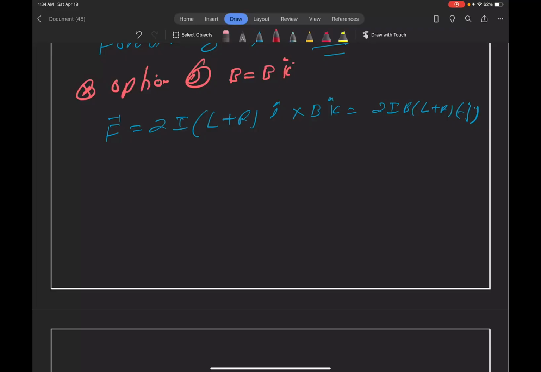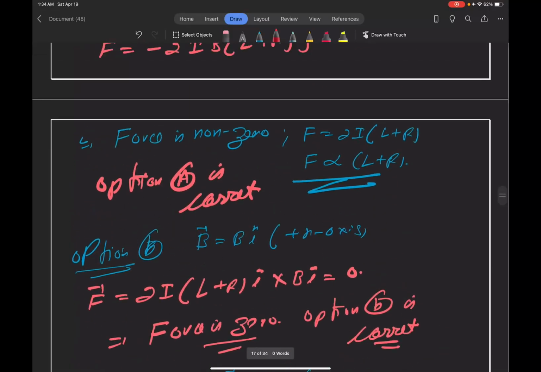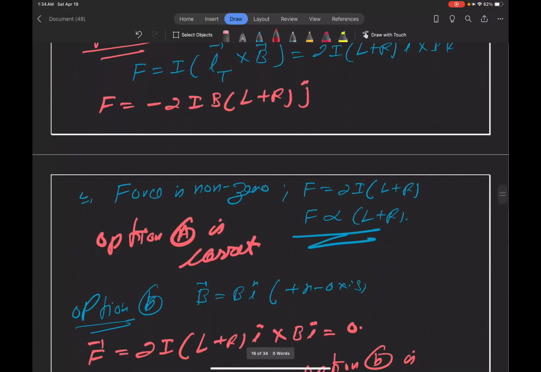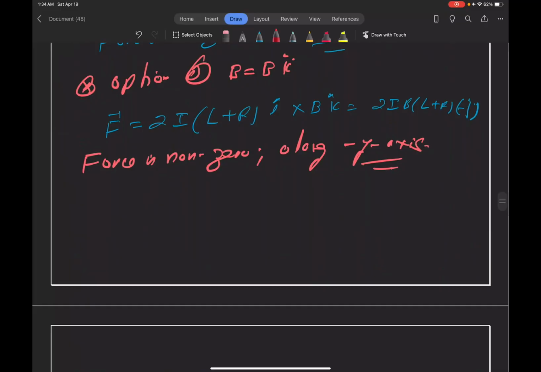So the force is non-zero along the negative y axis. Option D says that the force should be equal to 0, so this option is incorrect.